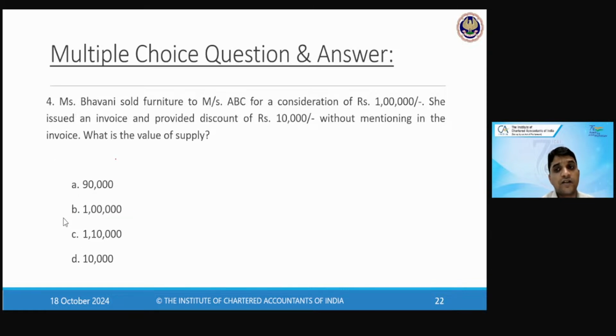Ms. Bhavani sold furniture for a consideration of 1 lakh. What is the value of this supply?